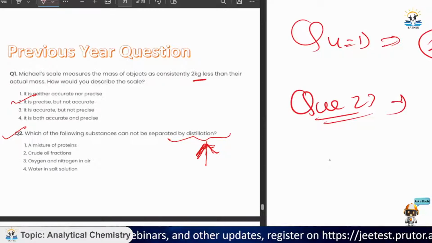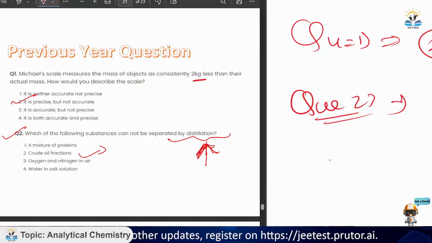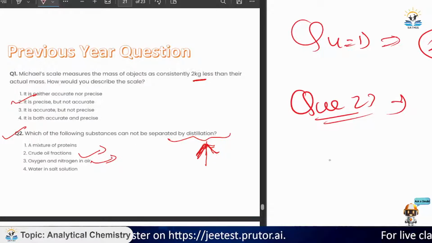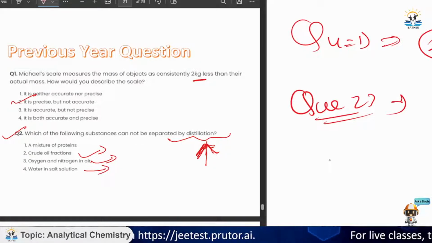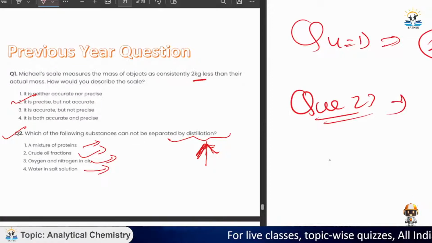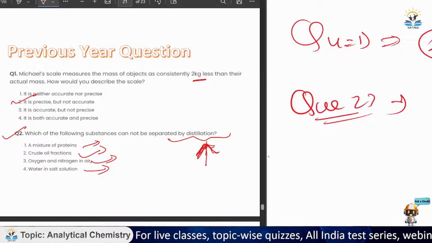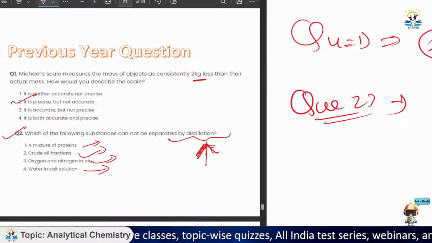In that chapter you have also studied that we can separate crude oil, that is petroleum refinery. Oxygen and nitrogen in air, we can separate this one also. Water in salt solution, no doubt it can be separated by distillation. But the mixture of proteins cannot be separated with the method of distillation. So question number 2 answer is 1, that is A. I will mark this A.